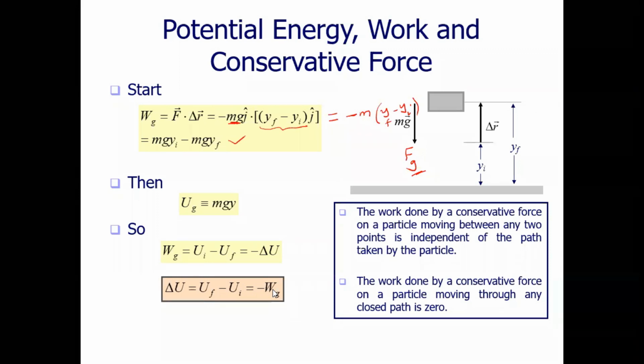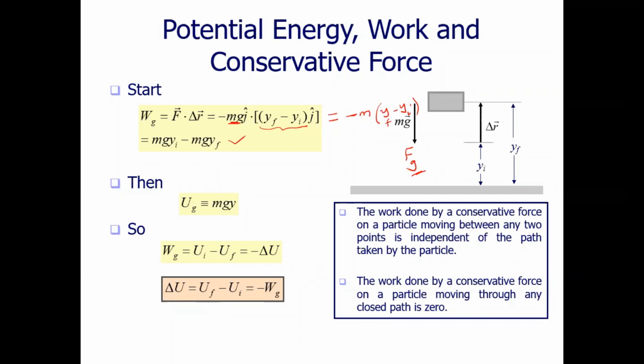In other words, we are saying that when a force does work on a system, that work gets stored in that system as potential energy. This minus here is telling us that that work is actually stored. That's what the negative signifies. Any questions before we go further?